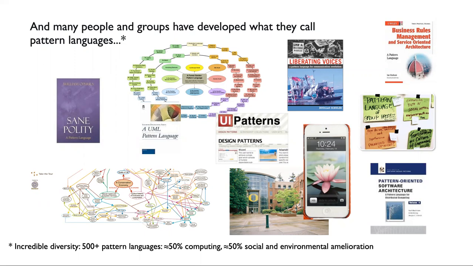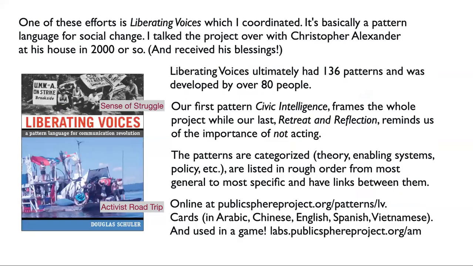People say that the iPhone did develop a pattern language that they use for their apps and everything. And I have not really seen that independently verified, but that's what everybody says. And then about half have to do with some sort of social change: transition towns, refugee settlements, tsunami, emergency communication systems, etc.